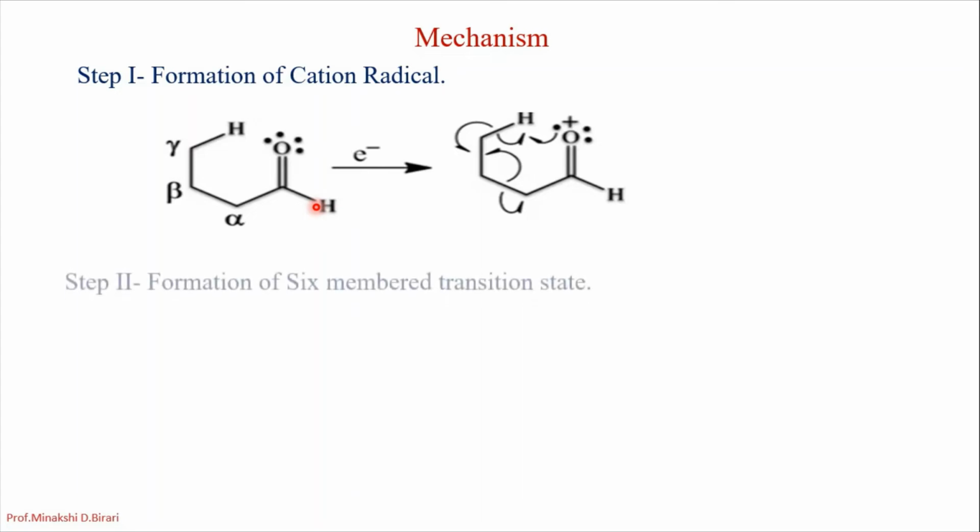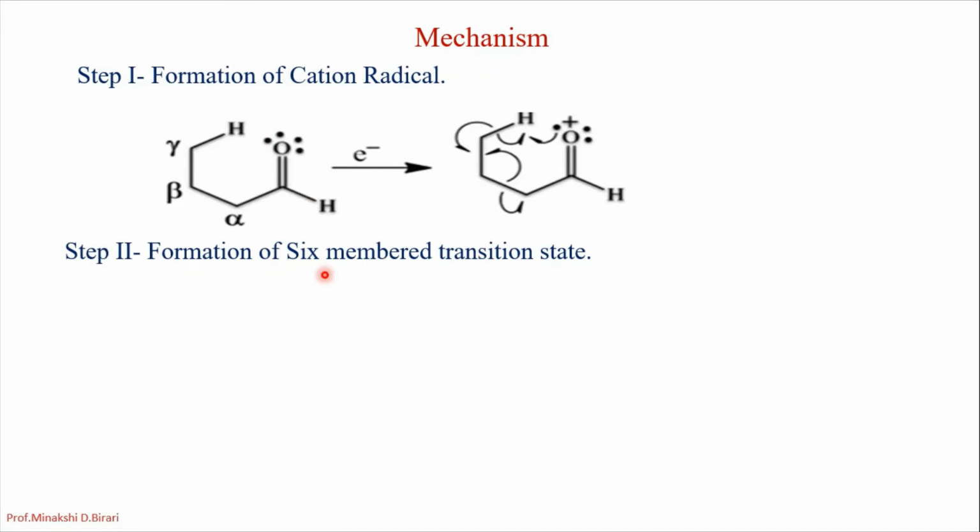Then the second step involved in the McLafferty rearrangement is the formation of a six-membered transition state. In McLafferty rearrangement, there is a migration of a gamma hydrogen towards the oxygen of the carbonyl group, and during this rearrangement, odd-electron ions are formed, with a six-membered transition state.